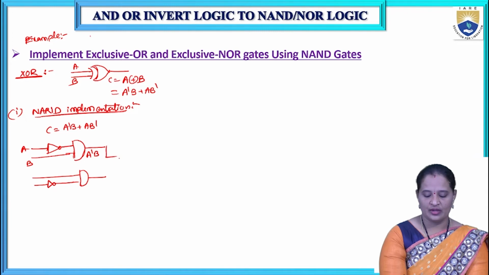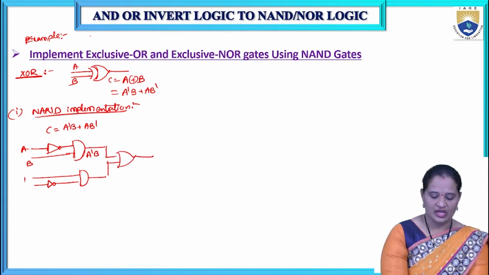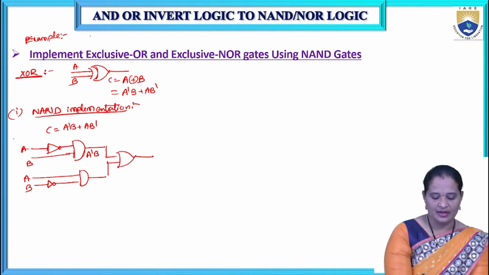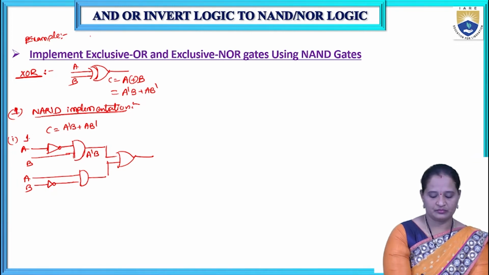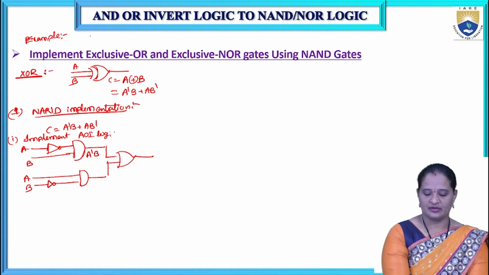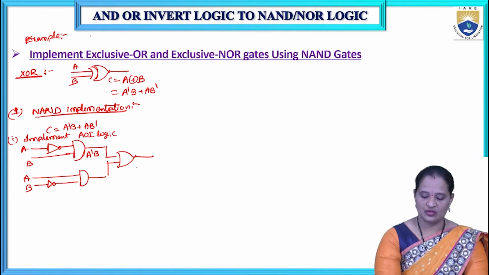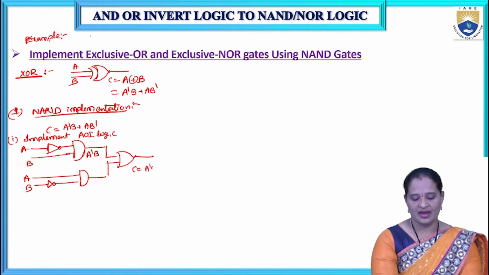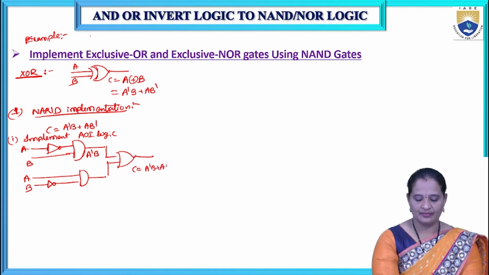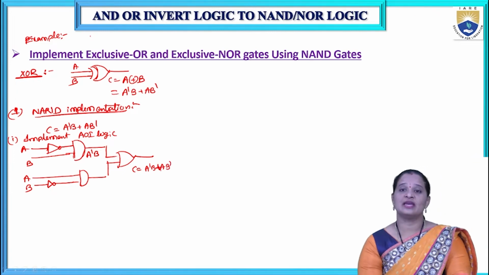This is the first step: implement or draw the AOI logic. So here C equals A bar B plus A B bar.